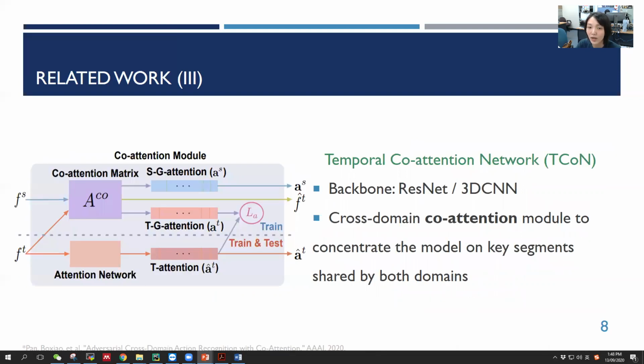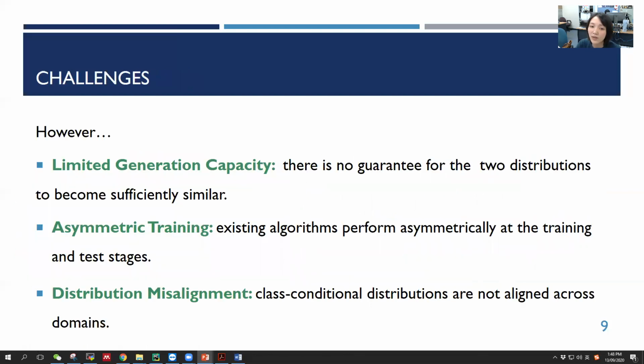And different from prior work that mainly concentrates on intra-domain interactions, TCoN proposes a cross-domain co-attention module to measure the affinity of the segment pairs from the source and target domains, and further highlight the key segments shared by both domains.